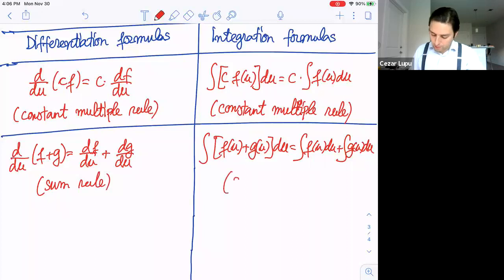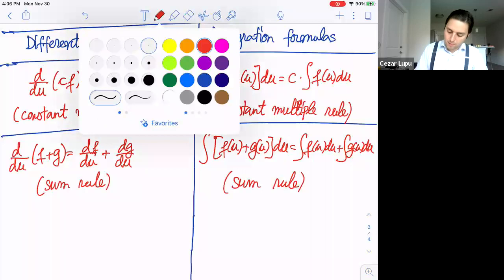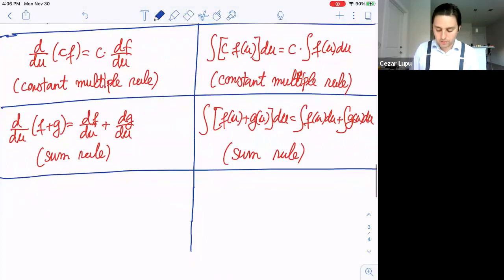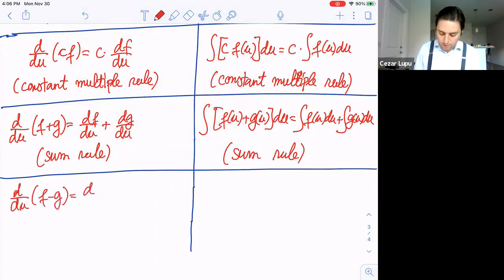And the same goes for the integral. All right, that's great. Now, the same thing works for the difference. Well, the difference is actually the sum, but anyway, let's write it. So we will have that d over du of f minus g is df over du minus dg over du.